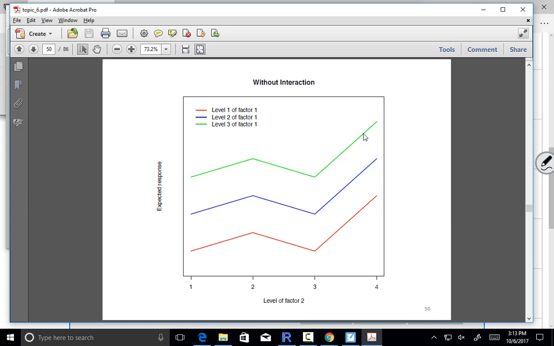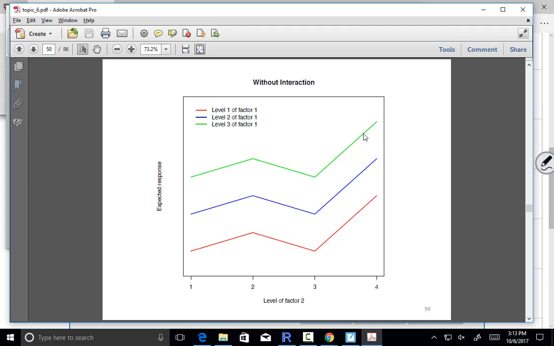Factor 2 has an overall effect that does not depend on factor 1. So this is a picture of no interaction between the two factors. The treatment effect is the same regardless of your gender, for example.